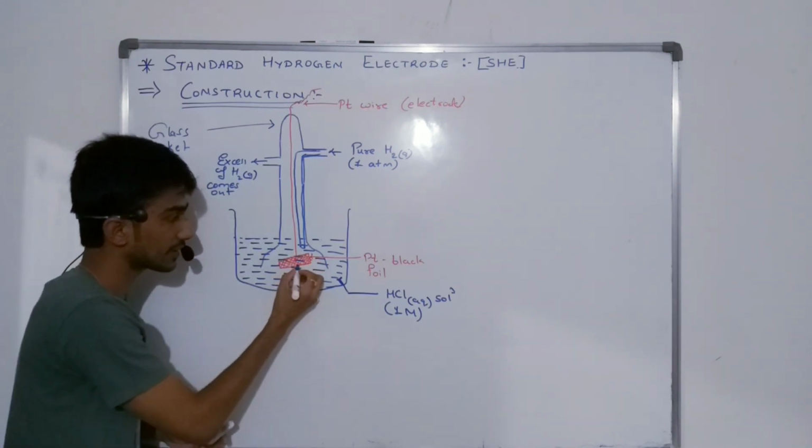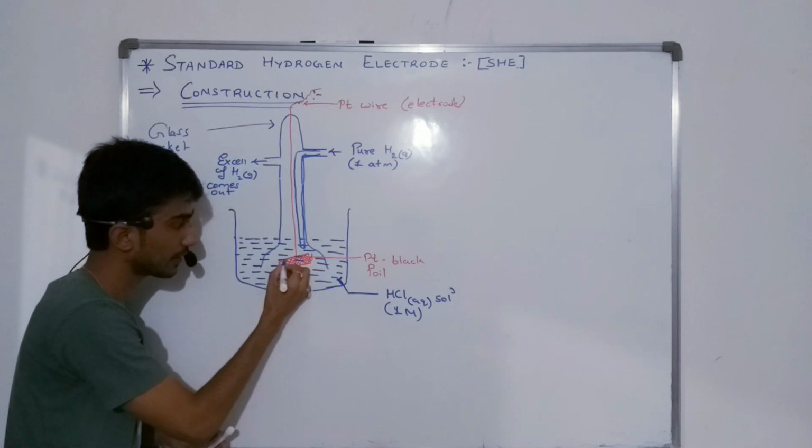So when this hydrogen gas falls on this platinum black foil, what will happen here?